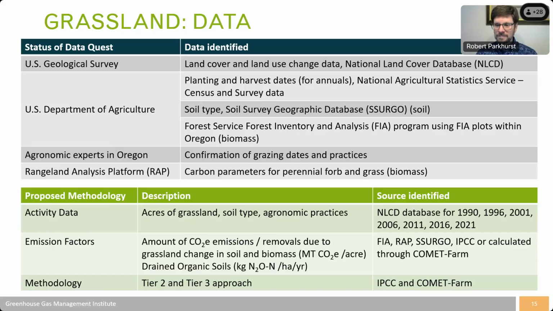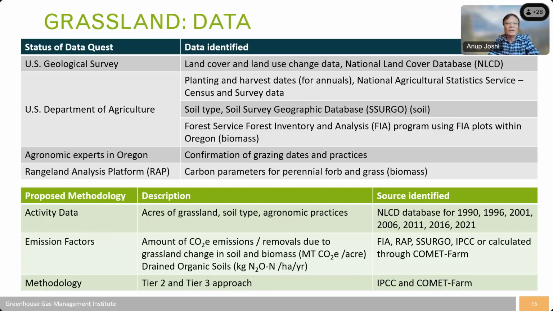So the grassland data I'll be presenting is above ground, from the biomass carbon side. Again, our whole land-based inventory is based on NLCD data. And soil type data is again the SSURGO database, and we are using Forest Service Forest Inventory and Analysis, or FIA, plots for getting our carbon densities for the shrublands.